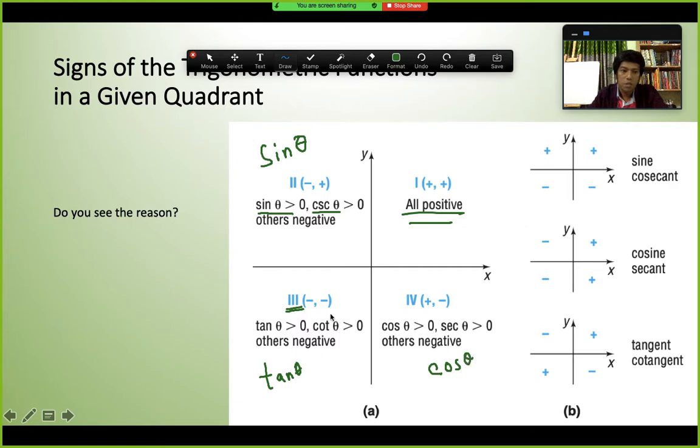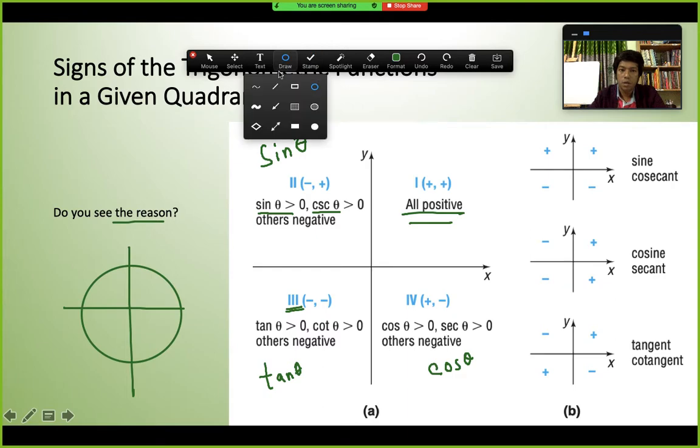And the reason is, if you think about the unit circle, let's draw a circle nicely. On the unit circle we can think about what the values of different points on the unit circle can be. From that perspective, all of them work. Say for example at some point here, what will be the coordinate of this point, and what will be the sign of the values we have here?